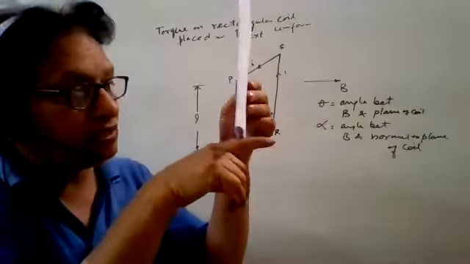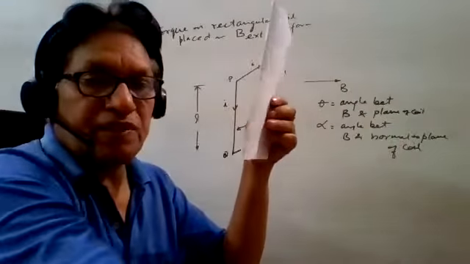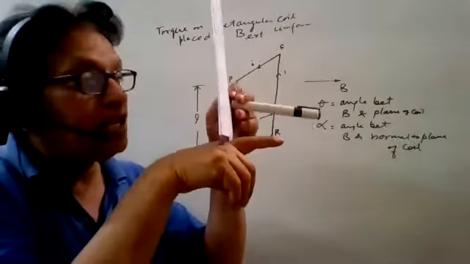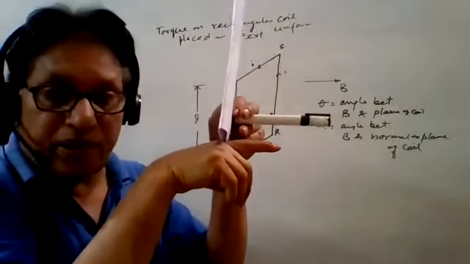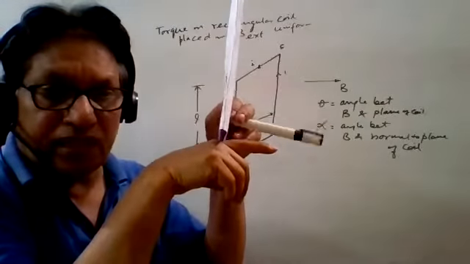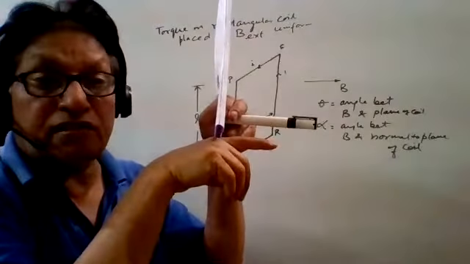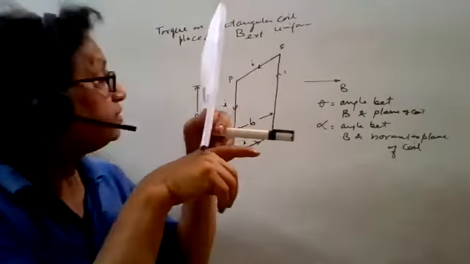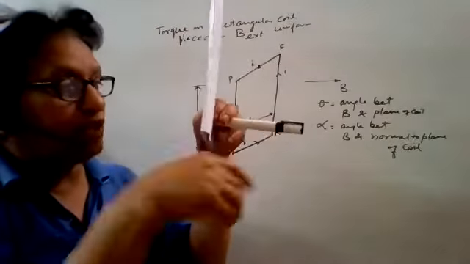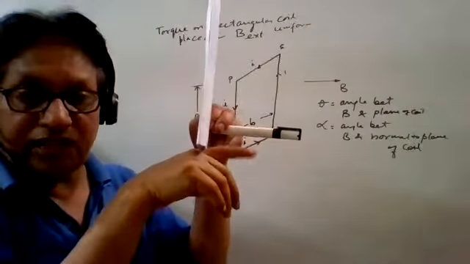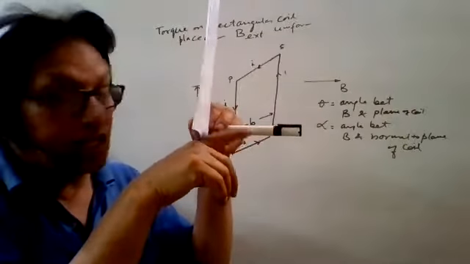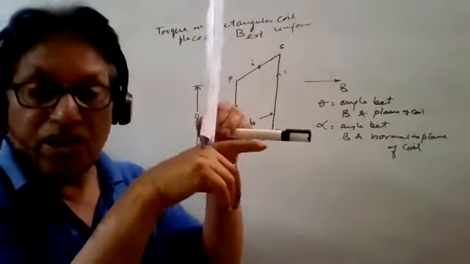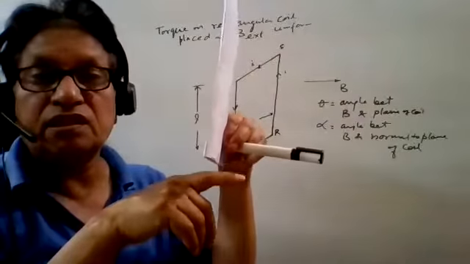And this is the normal to the plane of the paper, and this is the magnetic field. Now you can say the plane of the paper and the magnetic field are perpendicular, and the normal and the magnetic field are parallel. In this situation, theta, the angle between the plane of the coil and the magnetic field, is 90 degree, and the angle between the normal to the coil and the magnetic field is 0 degree. Got it?